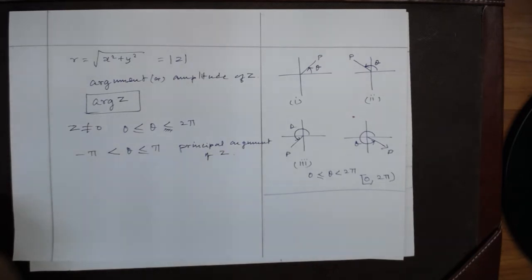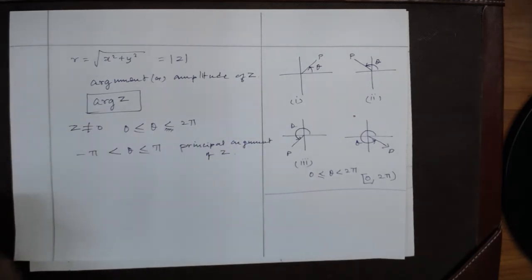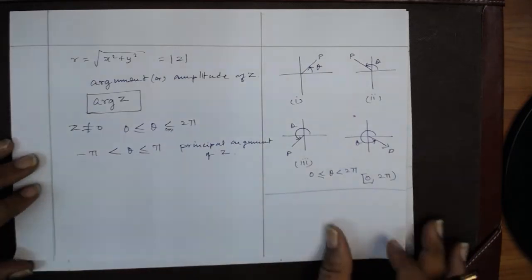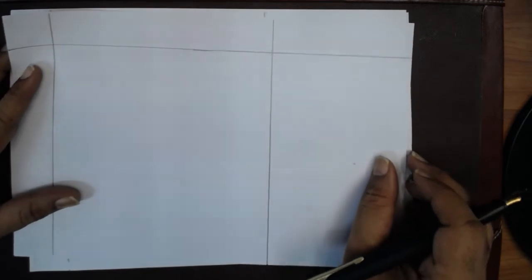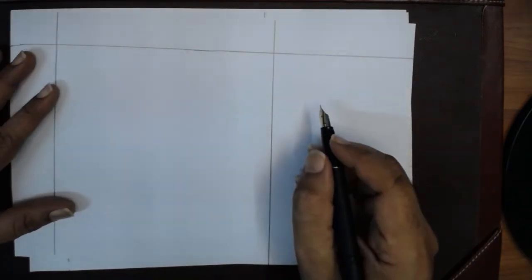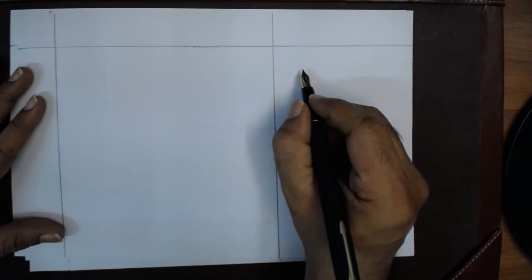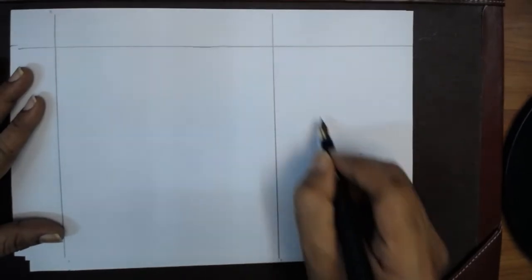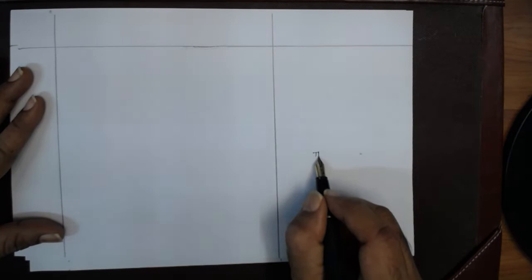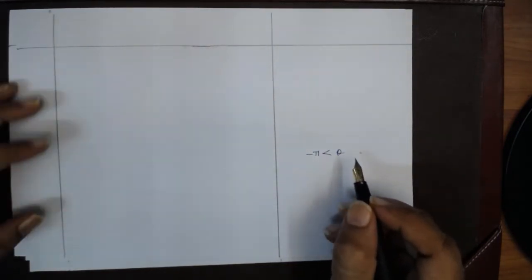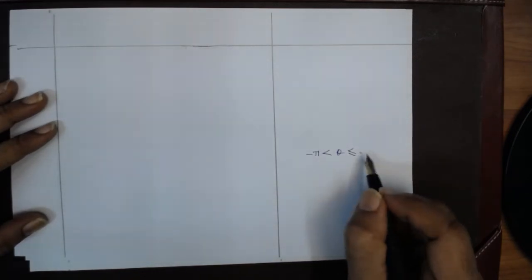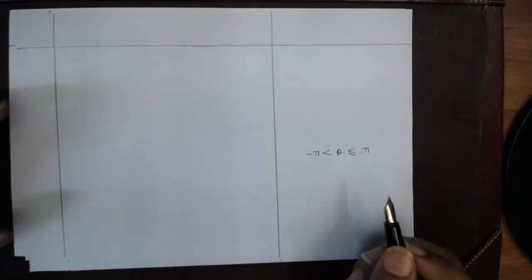Now let us consider minus pi less than theta less than or equal to plus pi. So that is another set. Shall I move? Here, what is the range? Minus pi is less than theta, then that is less than or equal to pi. It means minus pi should be in the clockwise direction, is it not?